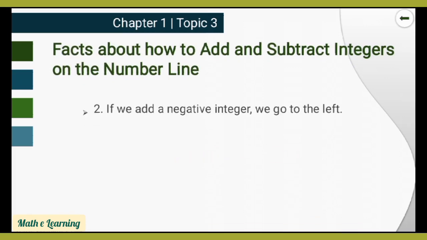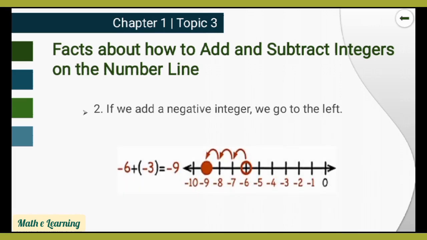The second fact is, if we add a negative integer, we go to the left. We understand this using one example: minus 6 plus minus 3. To add a negative integer, we need to move to the left side of 0.